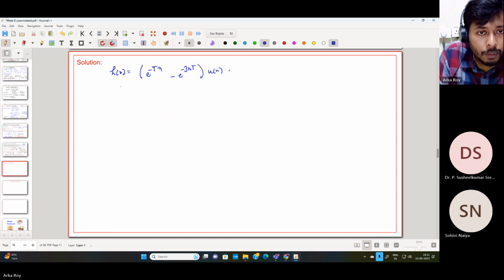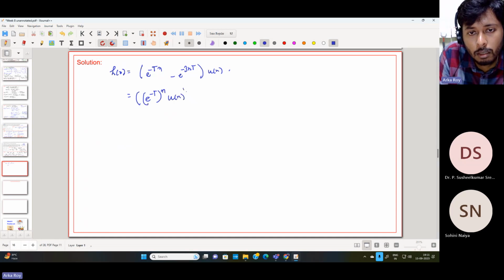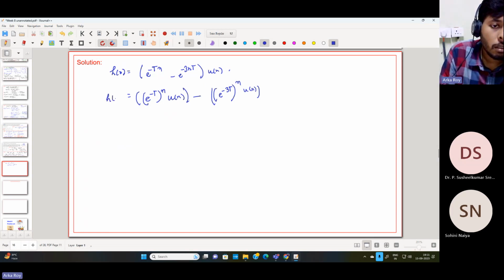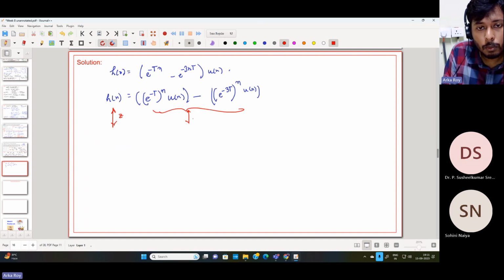So I can even write it as e to the power minus T n u(n) minus e to the power minus 3T, and then I just take n over here and multiply it with u(n). So this is the discrete domain signal.